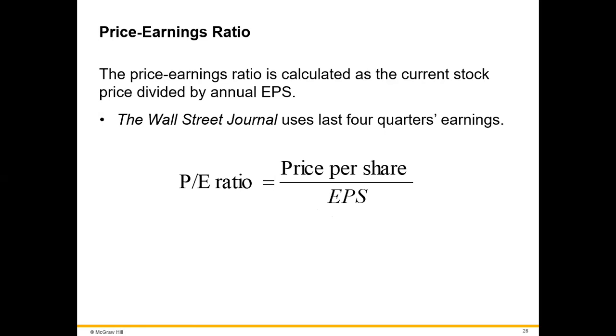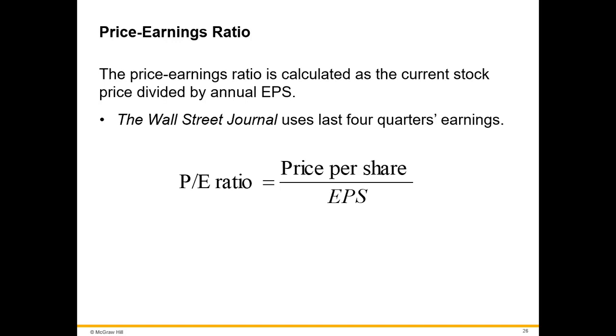Now, we talked about earnings per share back in 2 or 3. Earnings per share is how much net income the company makes for each share of common stock. So how much earnings are attributed to each share of common stock? That's the maximum amount from this year one share of stock could receive as a dividend.